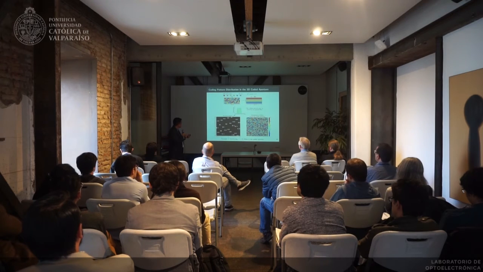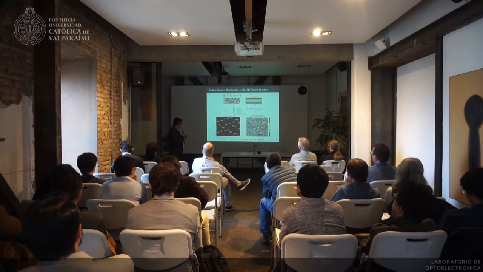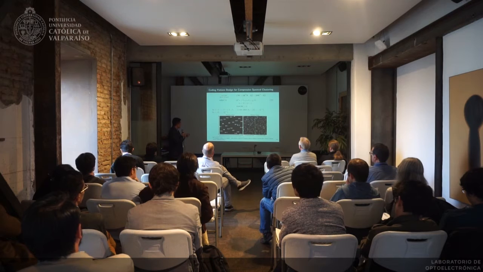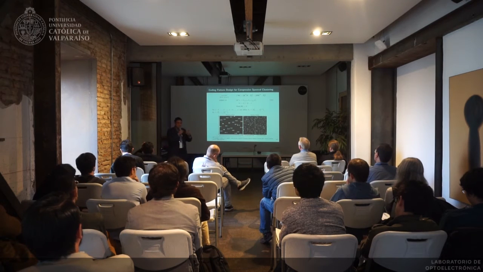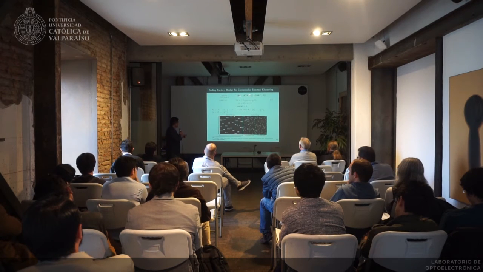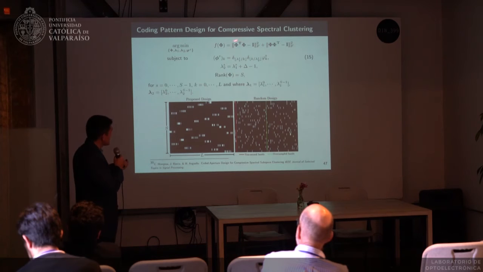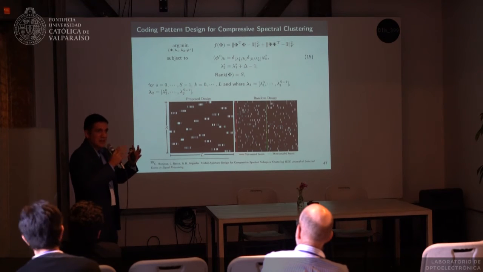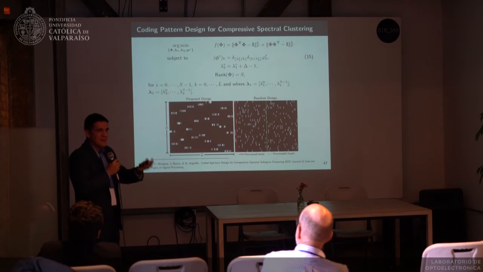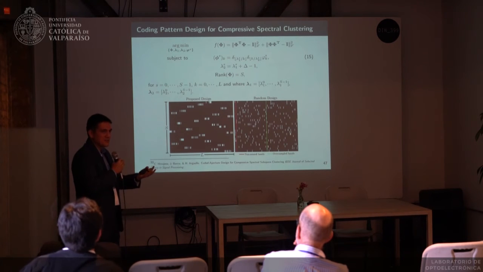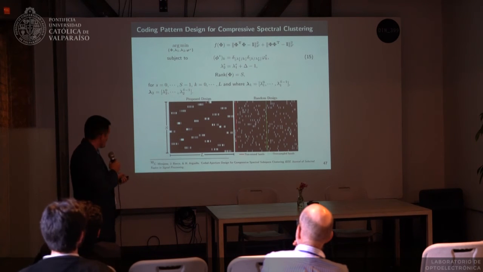Okay, and the idea to preserve the subspace property of the compressive measurements is to minimize this function. This is the Gram matrix. Okay, and the idea is to minimize this term, and if you minimize this term, now you preserve the subspace clustering in the compressive domain.